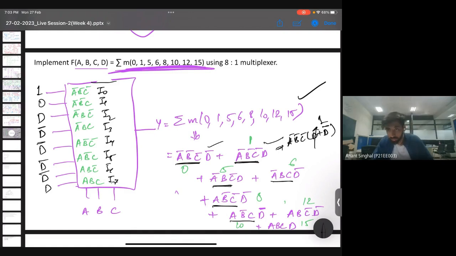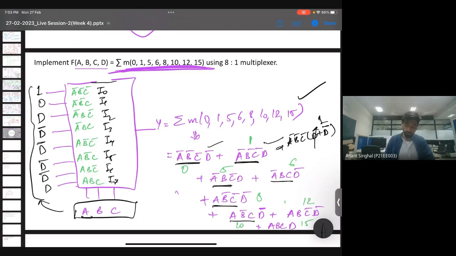Yes. So we are using select line as ABC and we can use D as the input of the mux. So yeah, this is D as entered variable. You can try it in the reverse section now. You can use this as select lines and try to make a logic out of it. So you will get these min terms only.